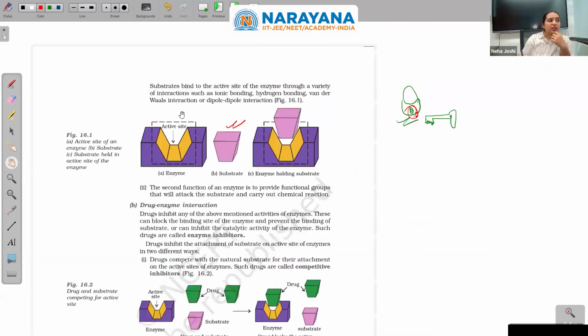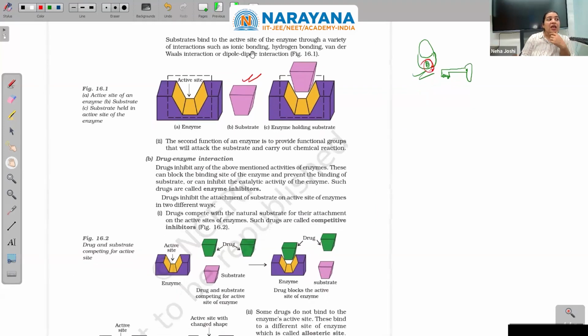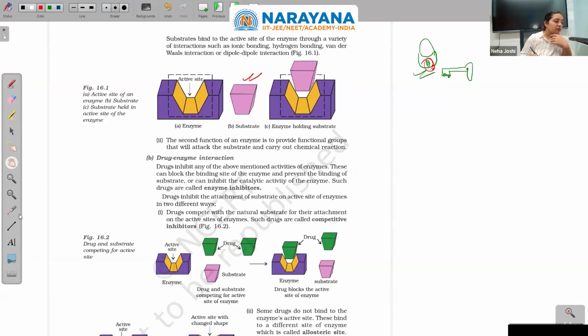Substrates bind to the active site of the enzyme through a variety of interactions such as ionic bonding. Again a question. There is a question here, right? What type of bondings are used? Substrates bind to active sites through a variety of interactions such as ionic bonding, hydrogen bonding, van der Waals, or dipole-dipole interactions.